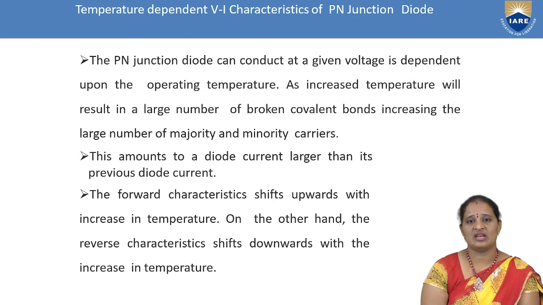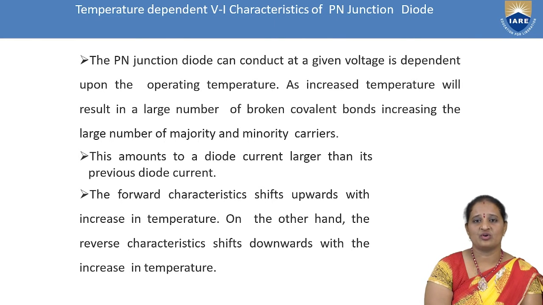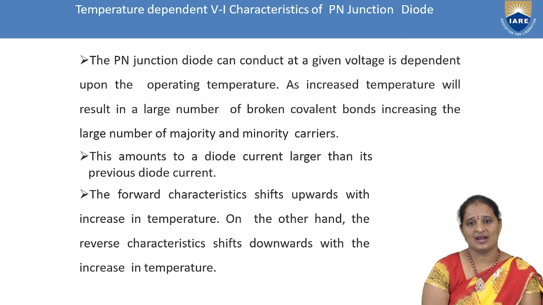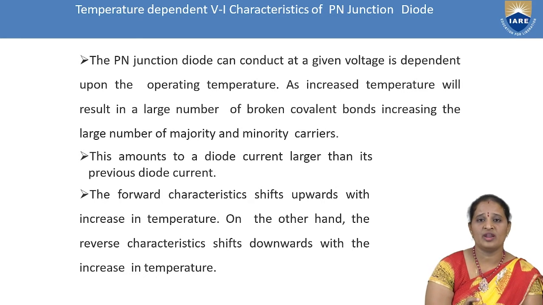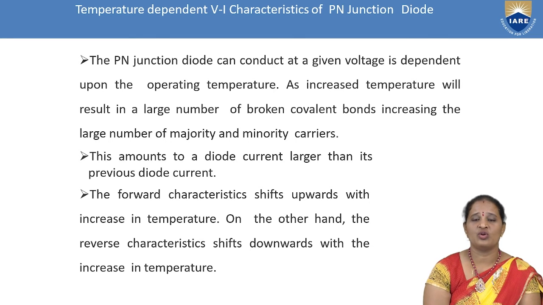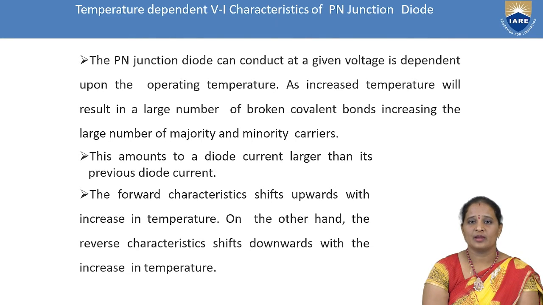With that increased velocity, these electrons or free charge carriers will collide with the atoms, and hence the covalent bonds will be broken. So once the covalent bond is broken, what happens? Here more number of electron hole pairs are created.